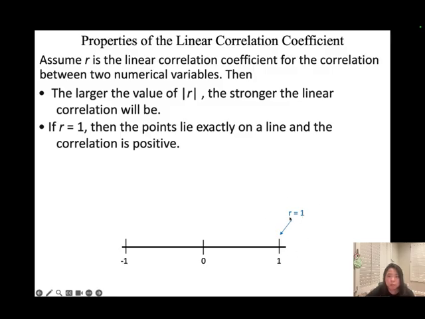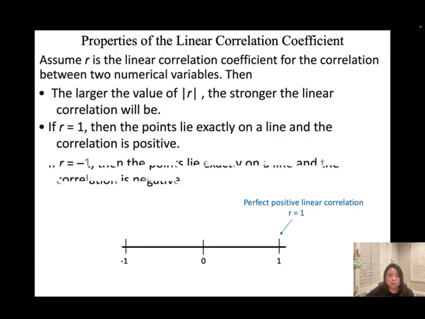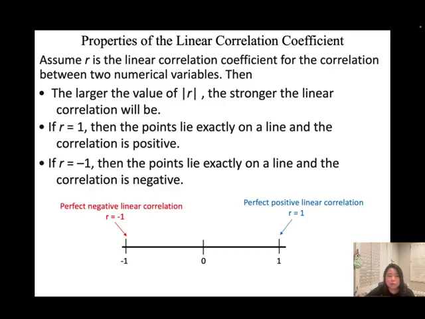All the points are going to be on the straight line, and we call it perfect positive linear correlation. But when R is equal to -1, it means all the points lie exactly on the line and the correlation is negative. So we're gonna say this is a perfect negative linear correlation.